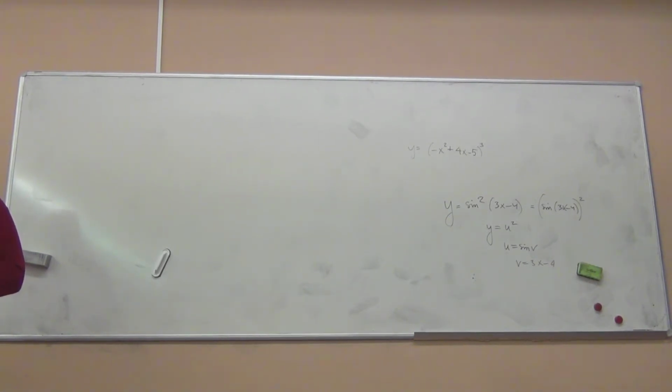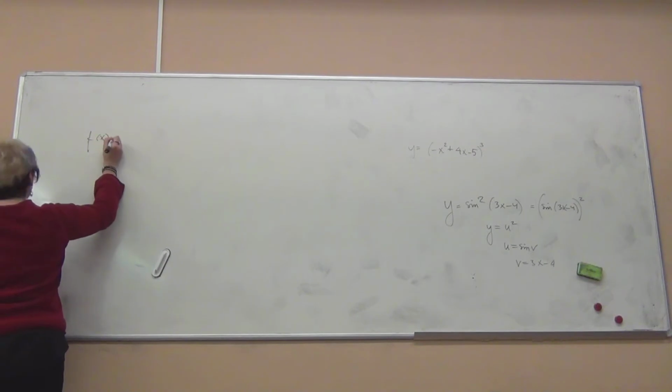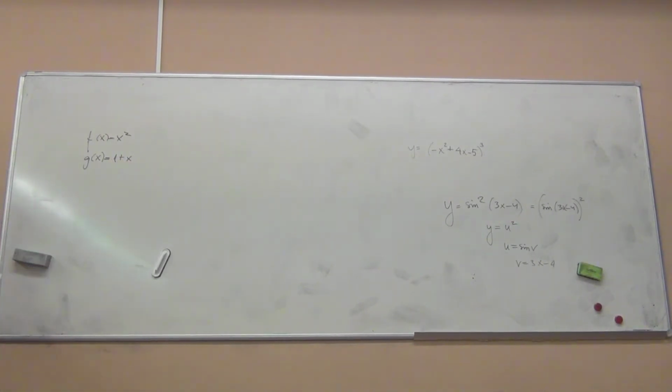But generally, all functions usually are represented in terms of x. For example, if we have the function f of x equals x squared, g of x equals 1 plus x, I chose the simplest functions possible. I can't think of anything simpler than this.